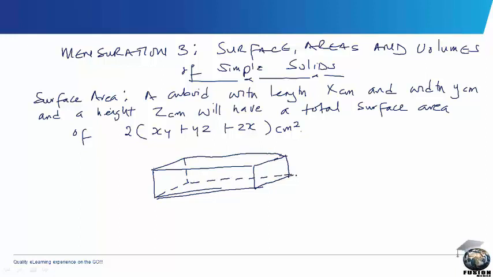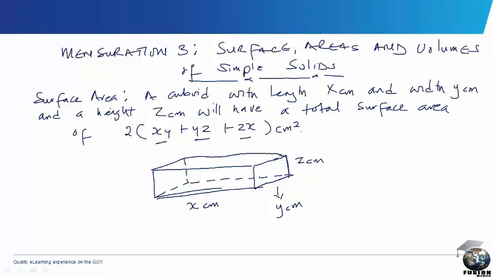Then we have this height of z centimeters, the length of x centimeters, and this width of y centimeters. Now the possible combinations that could give you the total surface area: each surface consists of either y and x, or z and y, or z and x.